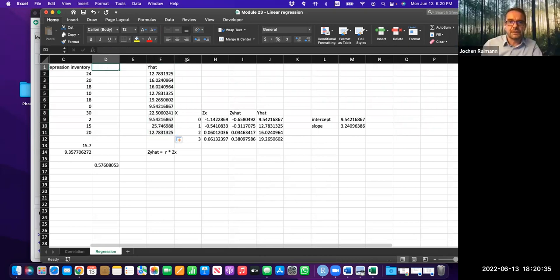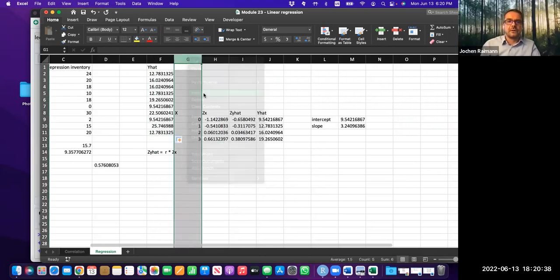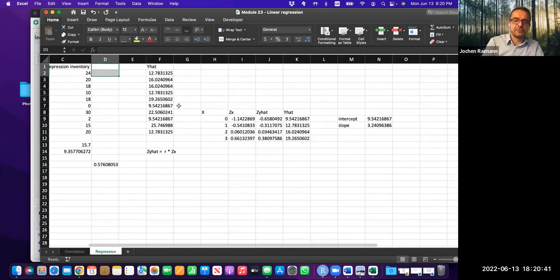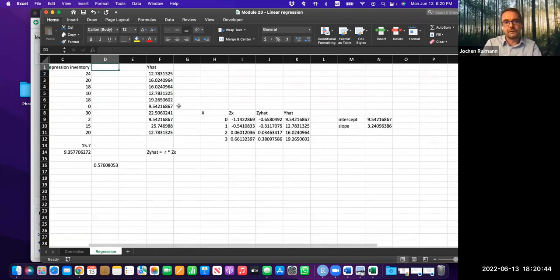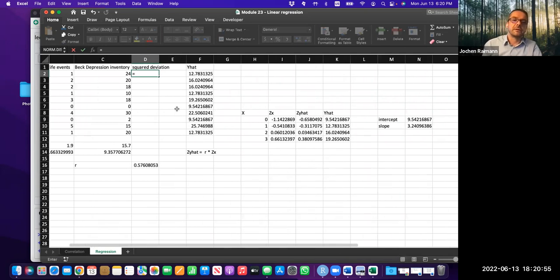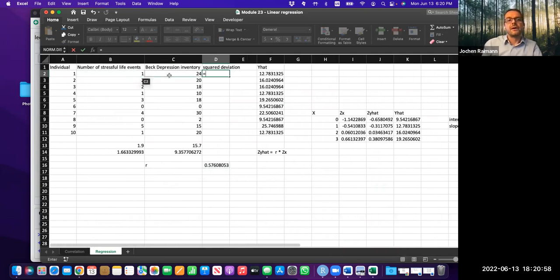So now this is our prediction. In the first line, we need our sum of squares. That's the next thing we need. The sum of squares is actually squared deviations. So we want the y minus this, squared.